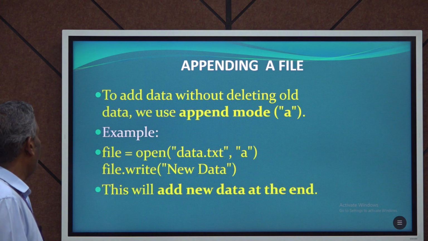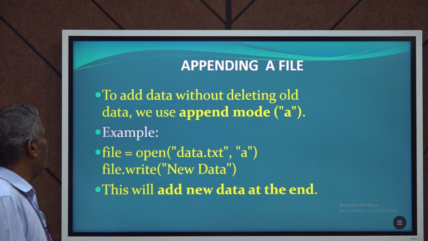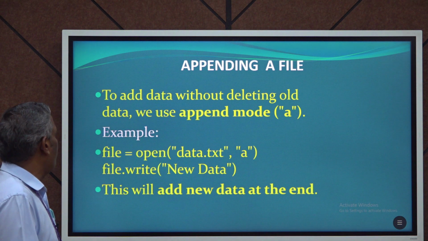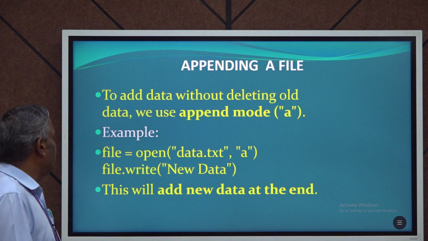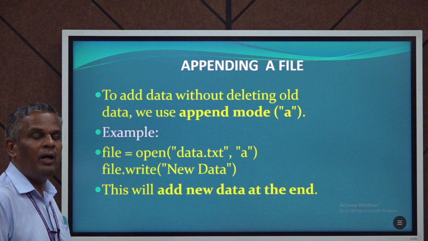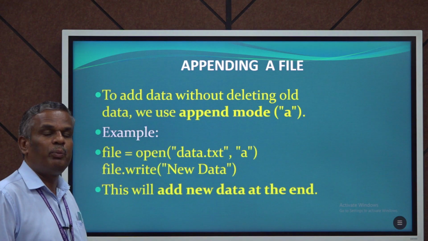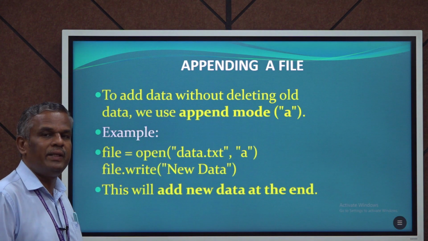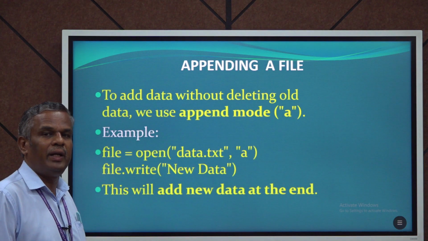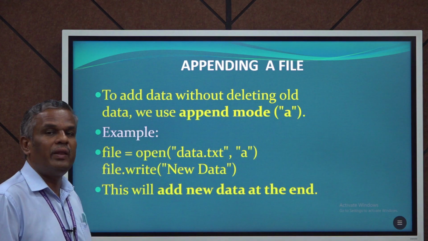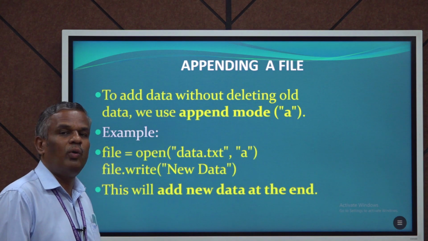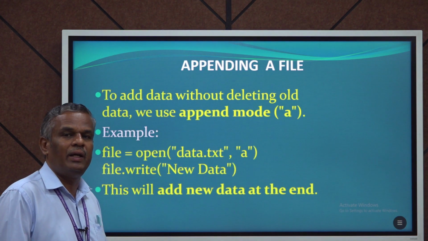Example, file = open data.txt, mode a, file.write new data means this will add new data at the end of the file, but the already existing things will be available in the data.txt. Using the appending mode we can add new things. It will not overwrite the existing data in the file.